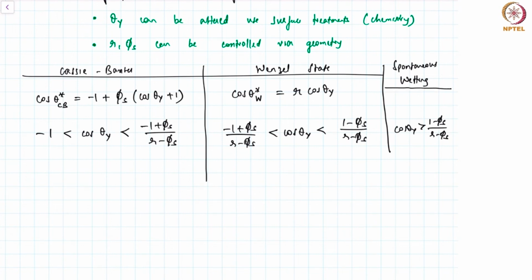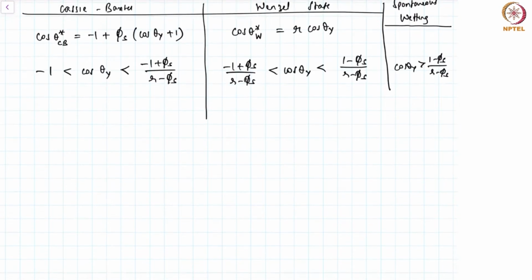So we basically looked at some rough transition between these various kinds of wetting regimes that are possible. I want to do one small extension of this analysis, and this is something that I'd like all of you to attempt as an assignment for the course.